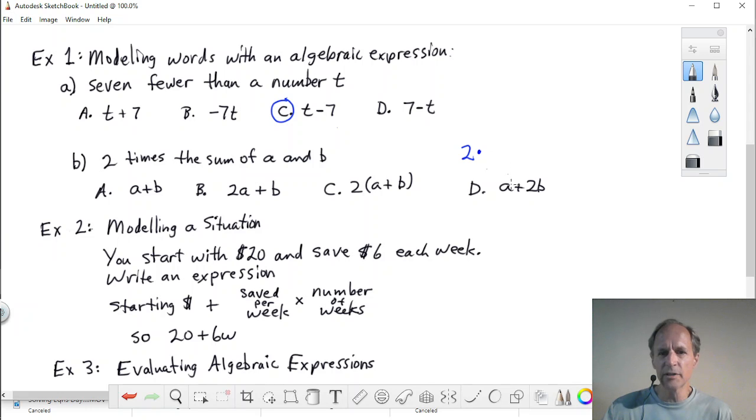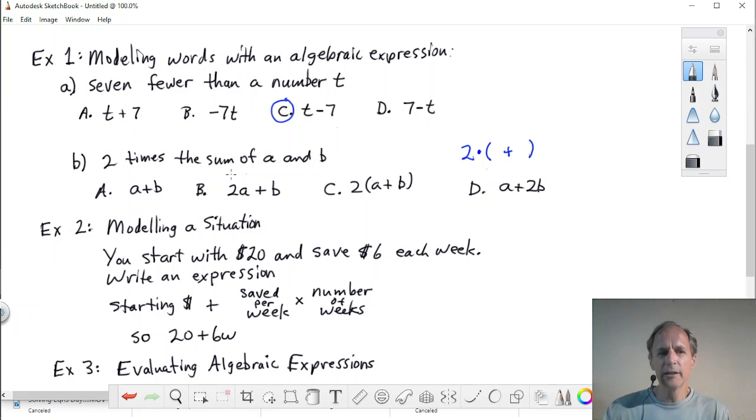We can say 2 times. 2 times the sum. You just read it and fill stuff in. 2 times the sum, well, we can write a sum. We don't know what the sum of. But if we write parentheses and write a plus in the middle, that's a sum.